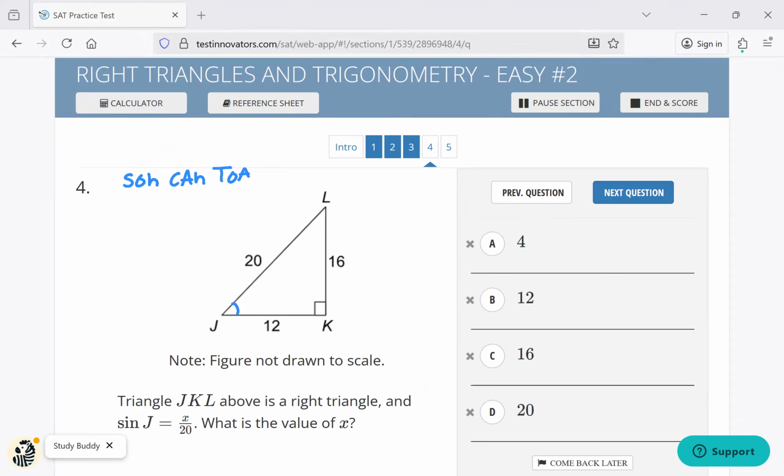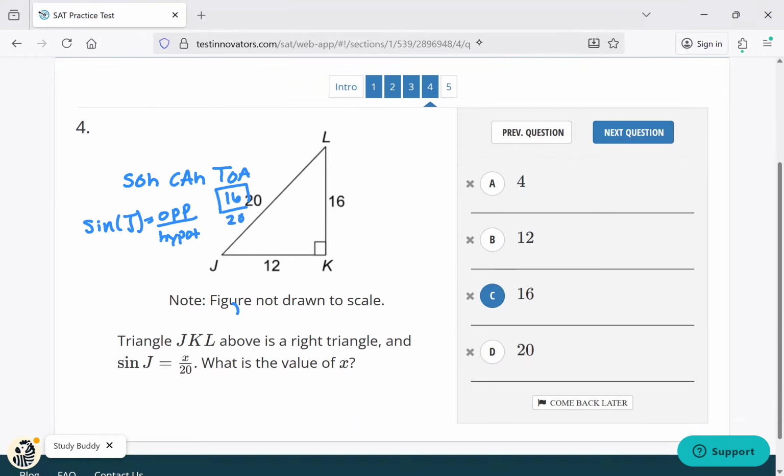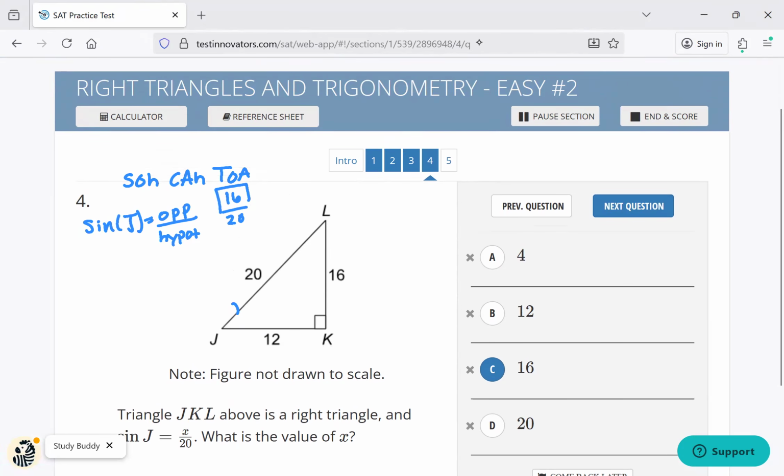So sine of J is opposite over hypotenuse. So the opposite side is 16, and then the hypotenuse is 20. They want to know what this x is, which is the opposite side, which is 16. Not too bad.